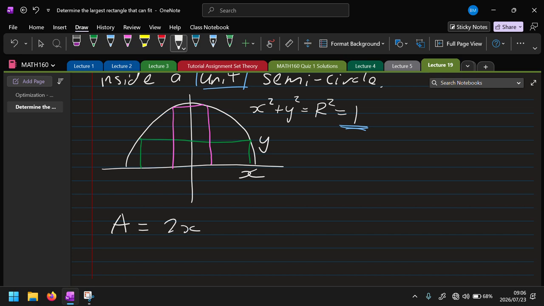And the height, we just call that y. Okay, that's the function we want to optimize. However, it's in 2 variables. Okay, we want to eliminate one of them. But we said earlier, when you pick an x, the height is fixed. Fixed means constraints. So y, in terms of x, we got that here.